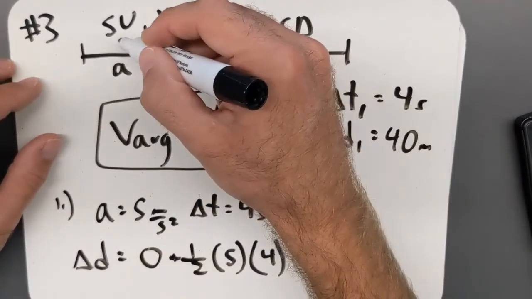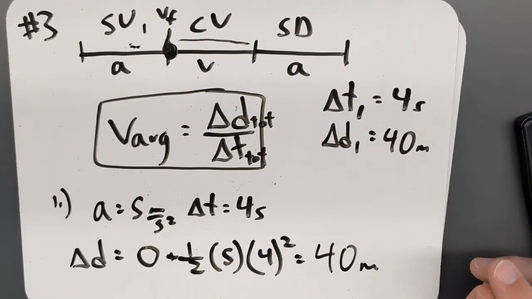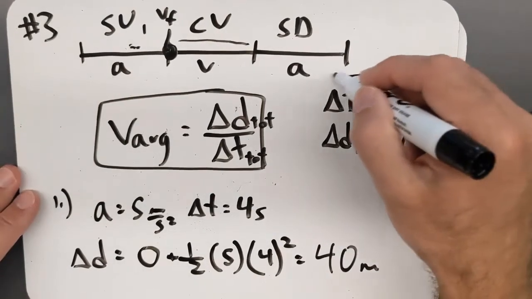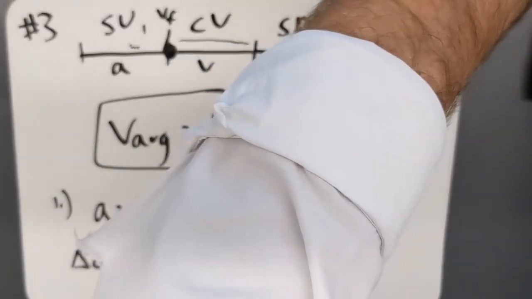Well, we're in constant acceleration. So I can get rid of some of this stuff here with my eraser. I'm going to keep this. I'm going to write that down on a separate piece of paper for me. Let's see, delta T1 is equal to 4 seconds. Delta D is equal to 40.